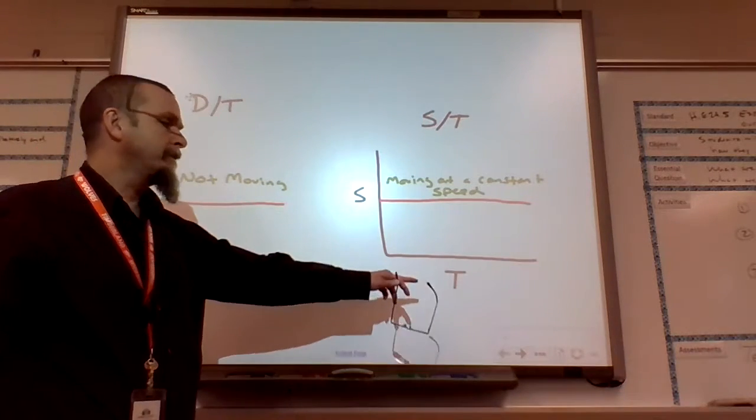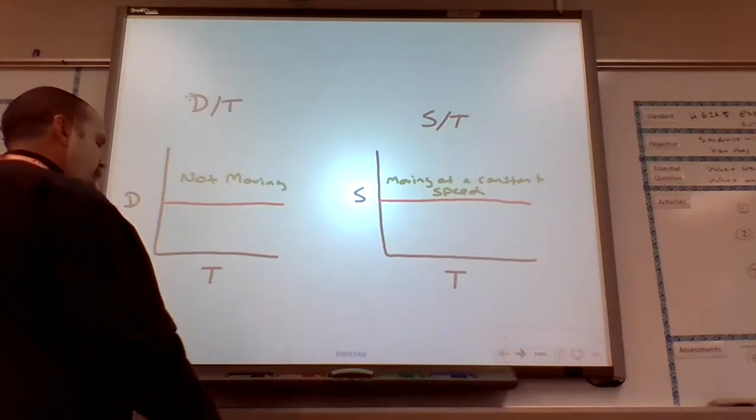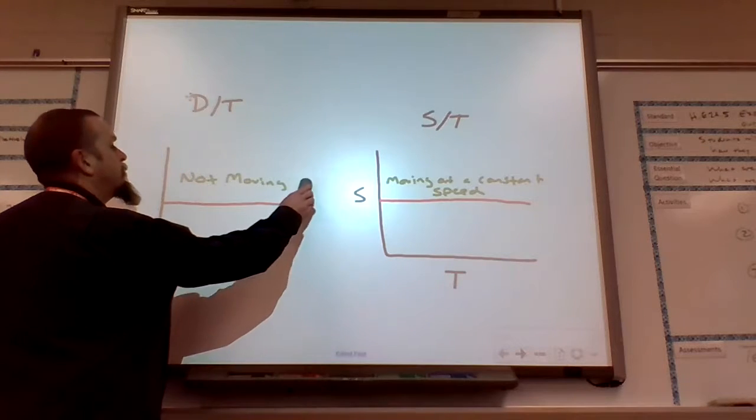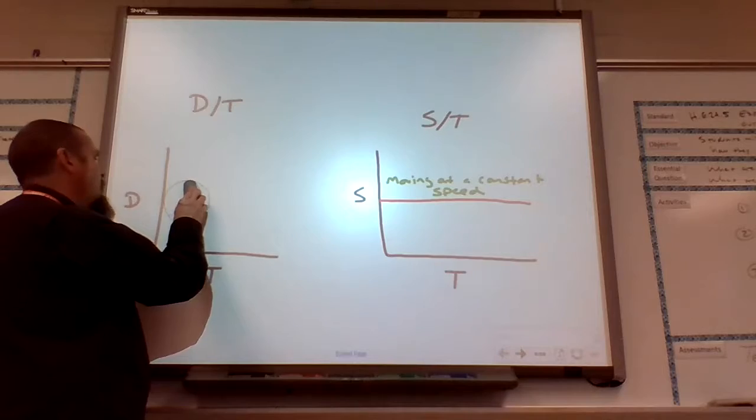You could put v over here instead of s. It's moving at a constant velocity if you want to make it a velocity time graph. So that's your horizontal line. That's how you interpret a horizontal line on both graphs. Quite different because of the labeling on the y-axis.